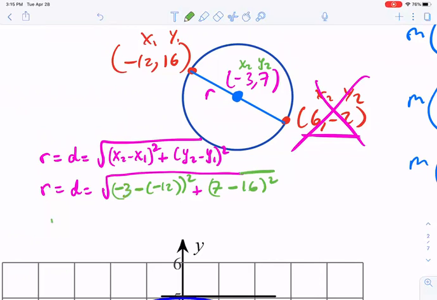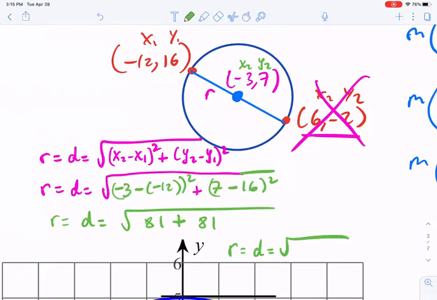If you simplify, -3 plus 12 is +9, and 9 squared is 81. And this is 7 minus 16, that should be -9, and that's 81 as well, right? If you add those two, you get 162. And that's basically what you need for this problem.